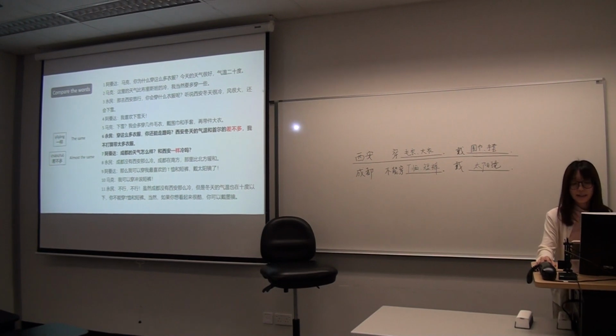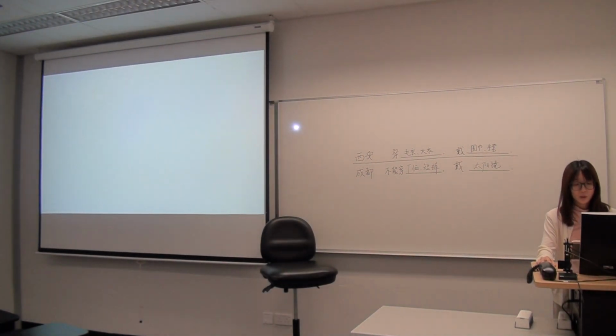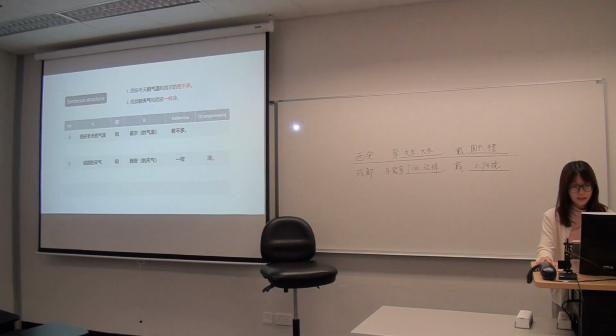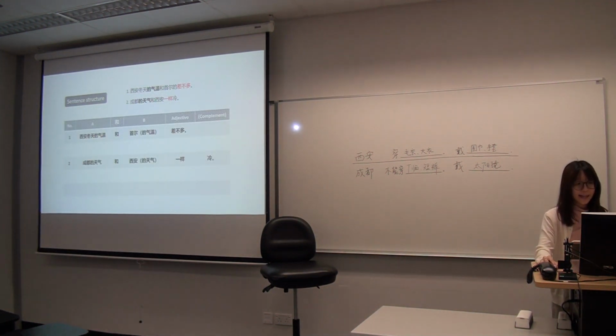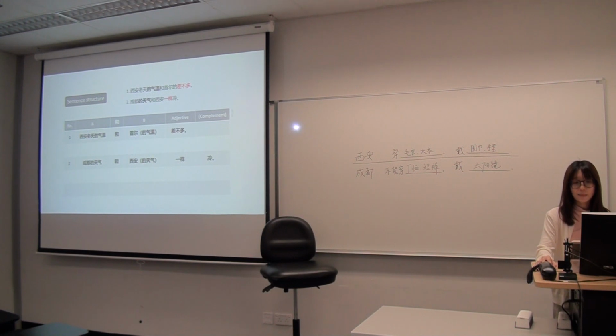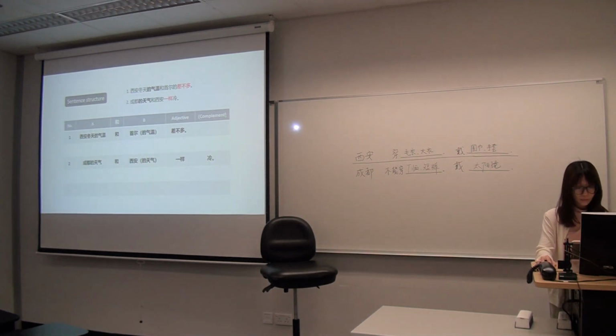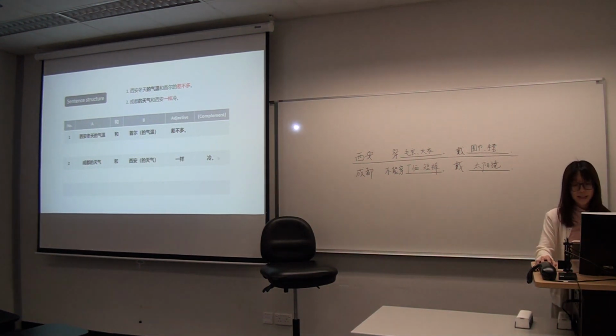They share a similar meaning, and these two words also share the same sentence structure: A 和 B plus adjective plus complement. And we can see the complement here is not compulsory. These two sentences are presented in the text, and let's see more examples.